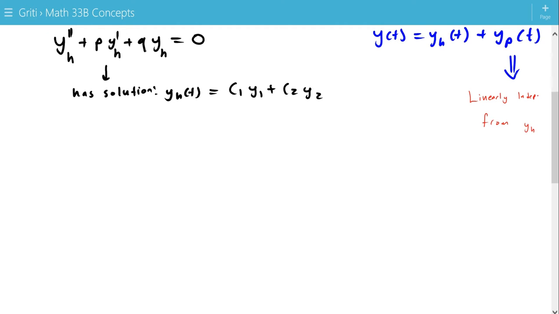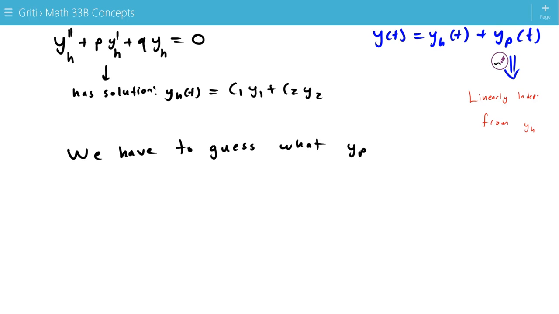So for the particular solution, what we have to do is guess what yp looks like based on what f of t is.